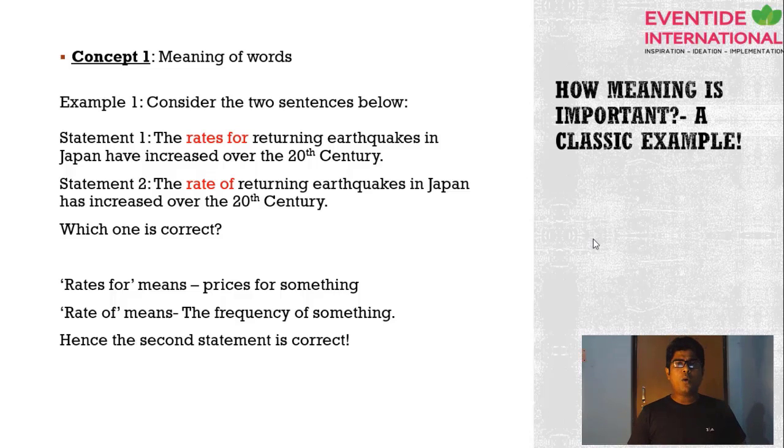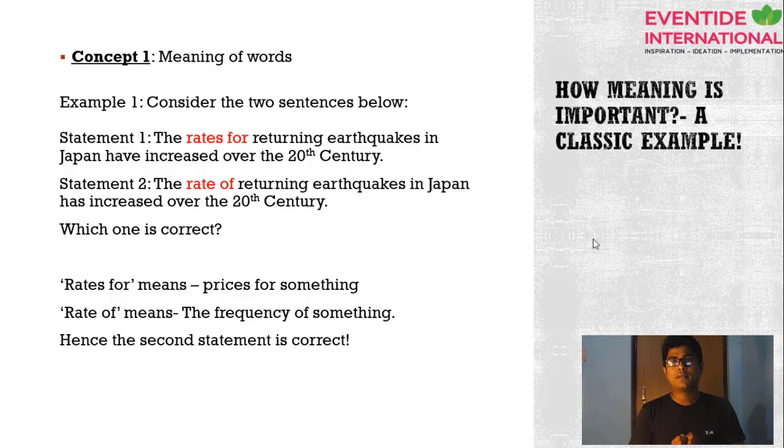Now, what we have understood from these concepts is that meaning plays a very important part, and GMAT can actually trick you with usage of different words in particular sentences, which seems to be very legitimate in the first attempt, but after deep analysis, it can be a wrong option. So be very clear about this. I know verbal is a very difficult segment for Indian students, but still, through practice, you can overcome this.